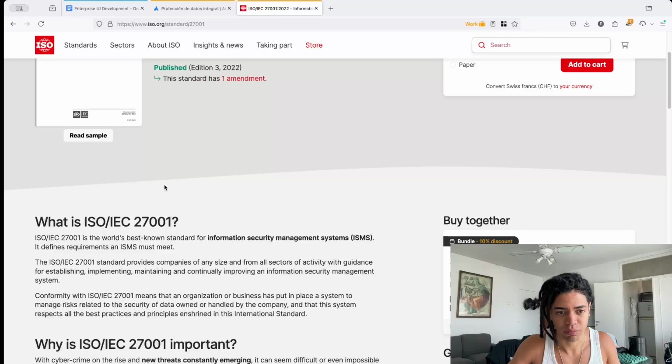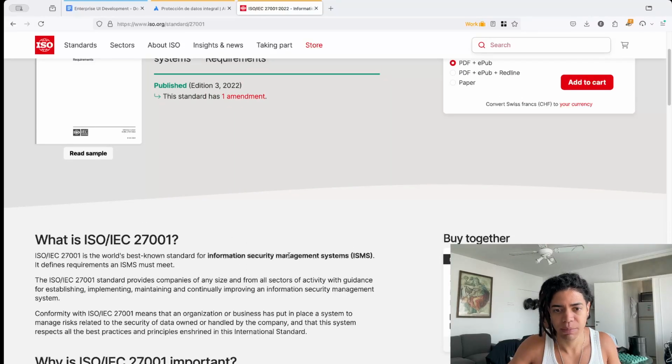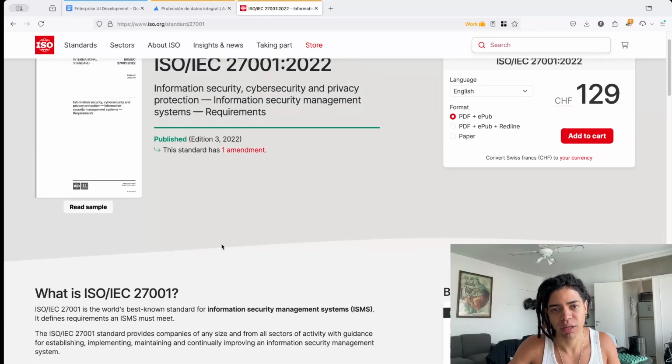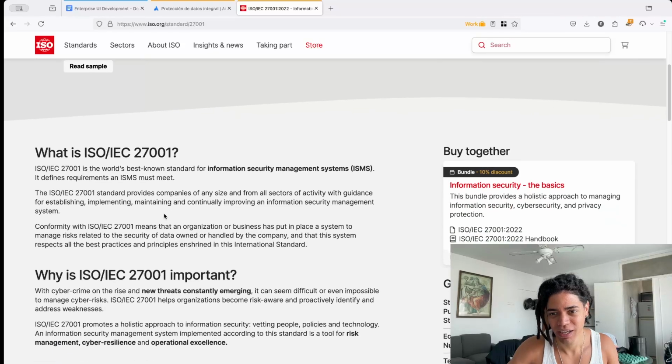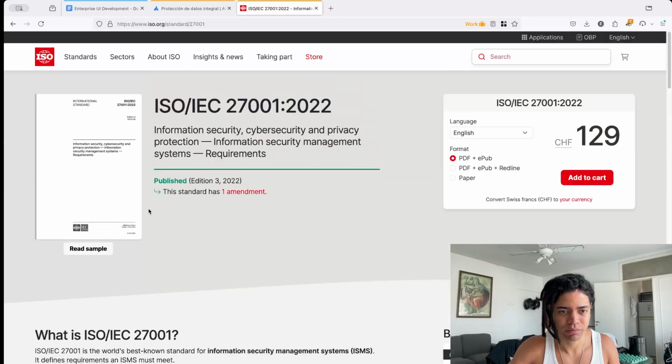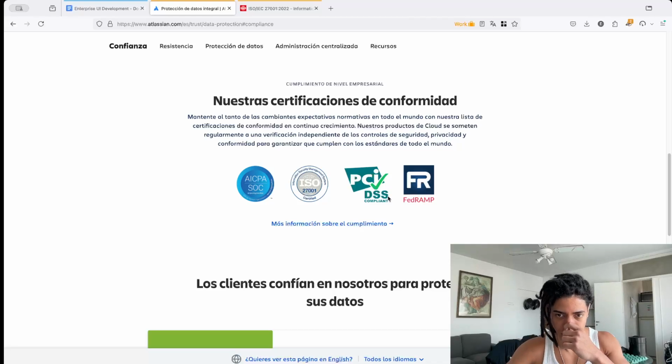Okay. This is a standard for information security management systems. Oh, that makes sense. That makes a lot of sense. Okay. Good. PCI DSS compliant and FedRAMP.